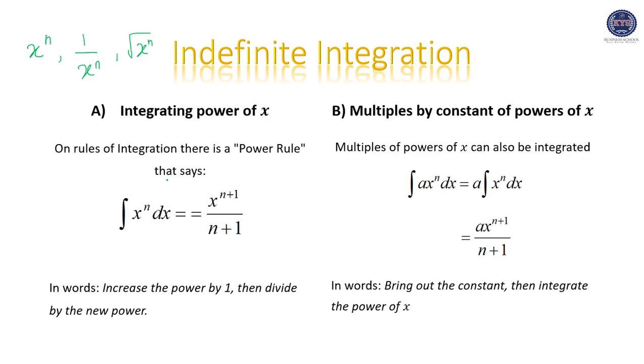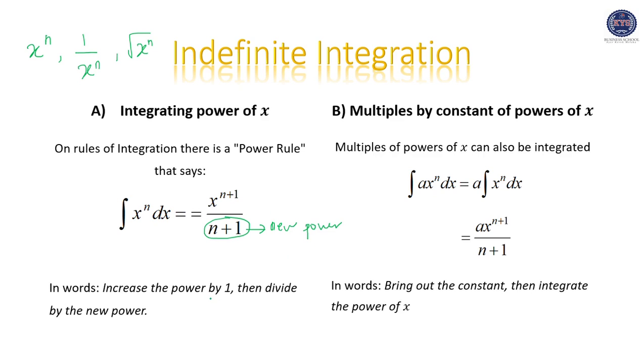Okay, so the basic integration of x power of n is very simple. You add 1 to the power, and then you divide by the new power. Okay, x power of n, your power plus 1, and then divide by the new power. This one we call the new power.